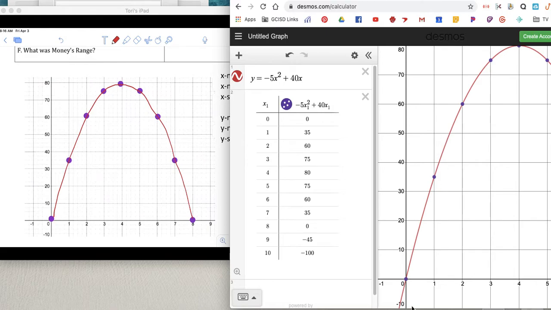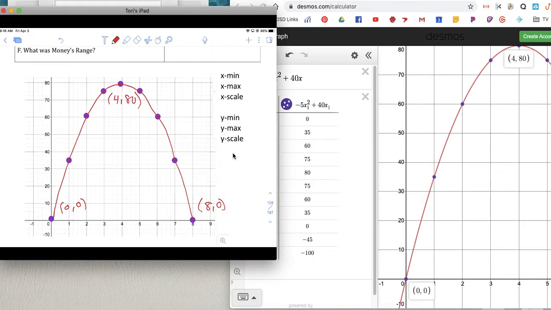All right, for my labels, I need this point, 0, 0. I need the maximum, which is up here, 4, 80. And then I need my X-intercept that we have at 8, 0. Okay. All right, right now I'm still on the paper. I'm labeling my height.